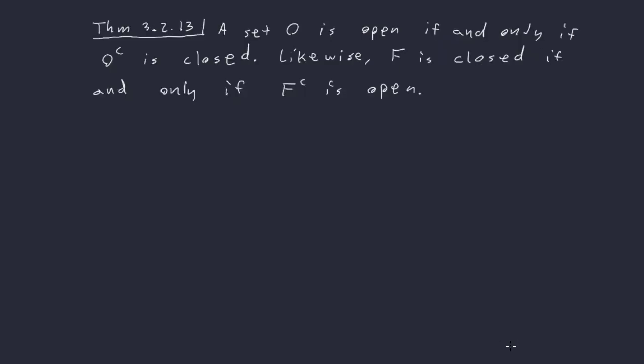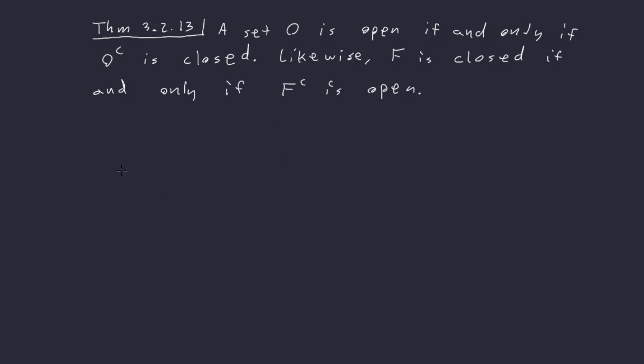All right, as I mentioned before, open and closed are not necessarily opposites of one another, in the way that if a set is not closed, then it must be open. They don't relate to one another in that way. How they relate is through complements.